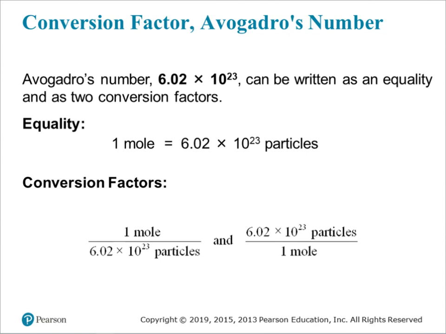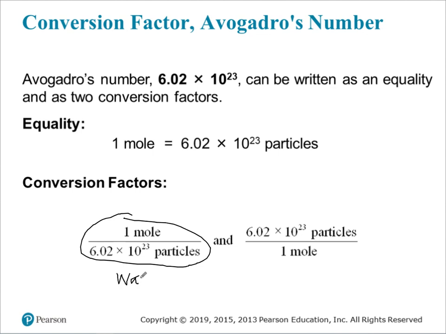We can use Avogadro's number as an equality. 1 mole is equal to 6.02 times 10 to the 23rd particles. And we can write conversion factors. So if we have moles over particles, then that means that we can convert something to figure out how much of it we have.